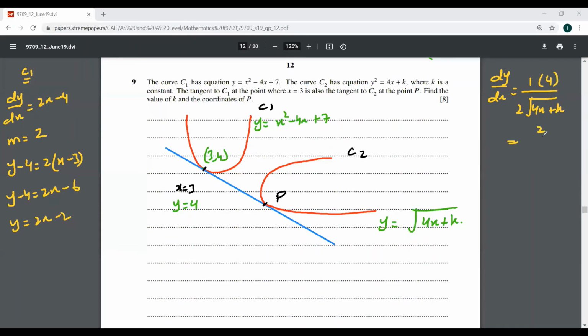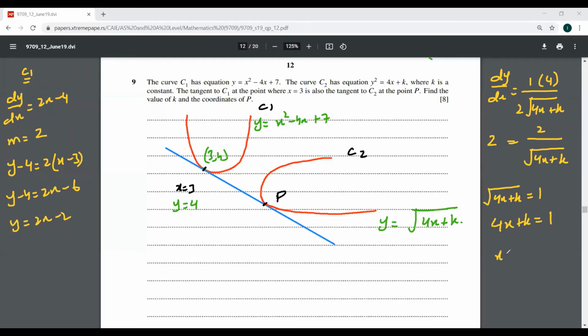So this is 2 over under root 4x plus k. I can put that equal to the gradient, which was 2 over here, okay? So this under root 4x plus k is equal to 1. We square this, 4x plus k is equal to 1, okay?